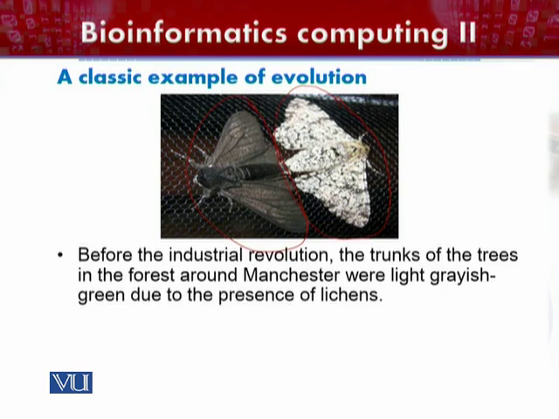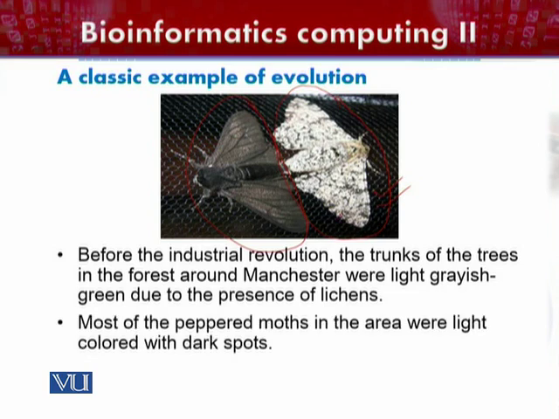Before the industrial revolution, the trunks of the trees in the forest around Manchester were light greyish green, and this color was due to the presence of lichens on the tree trunks. So the moths present on these tree trunks were usually of this coloration, because on that lightish greyish green color, it imparts camouflage to the peppered moth from its predators.